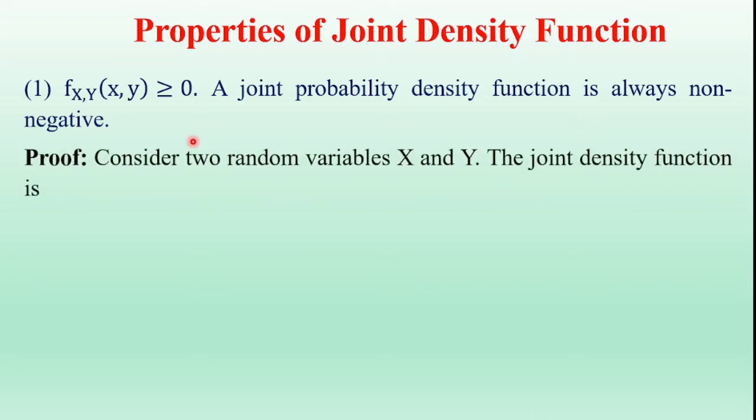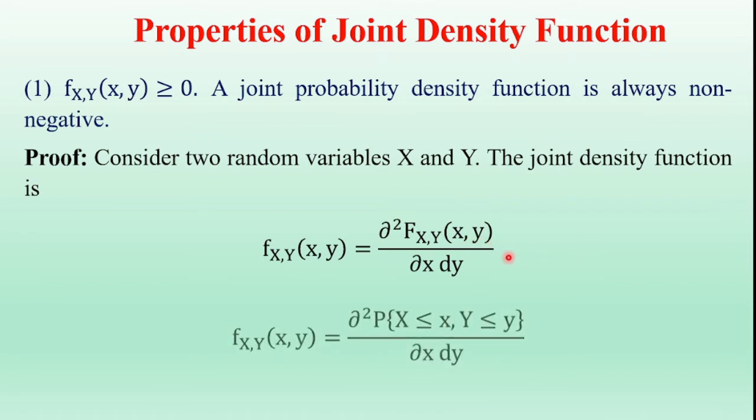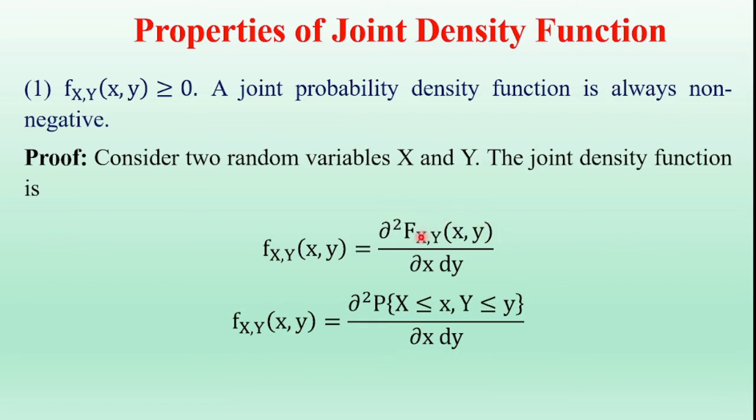The explanation of this property is as follows. Capital X and capital Y are two random variables with joint probability density function small f_XY(x, y), and it is given by the second derivative of the joint distribution function of the random variables X and Y. But capital F_XY(x, y) is the joint distribution function, defined as the probability of X less than or equal to x, Y less than or equal to y.